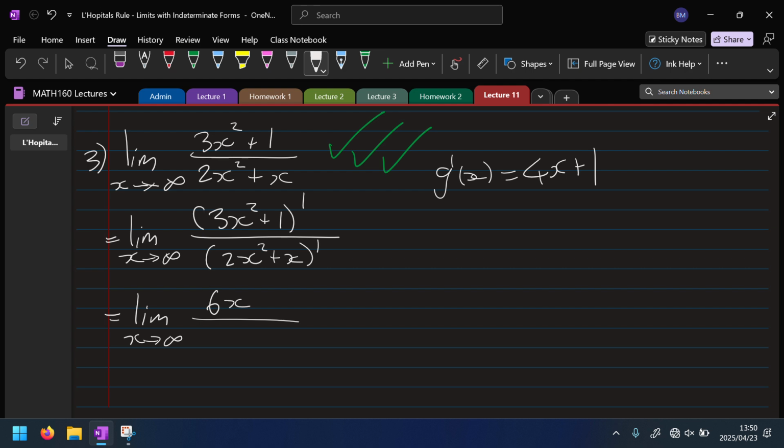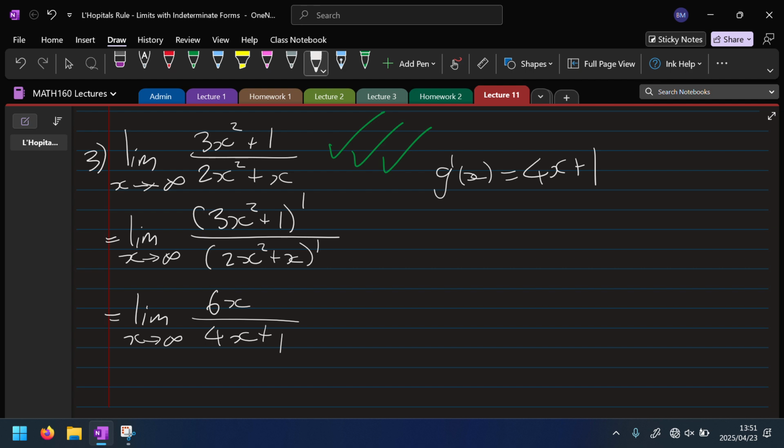And then the derivative of the bottom, it will be 4x plus 1. Okay, now we're stuck a bit. If we take the limit as x goes to infinity, the top is infinite, the bottom is also infinite. But the nice thing is we can just use L'Hopital's rule again. We've used it once, and we end up with a problem where we can use it again.